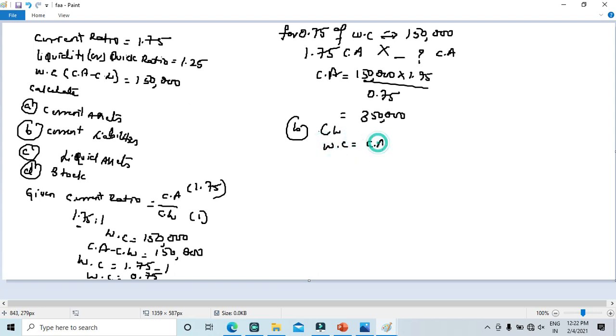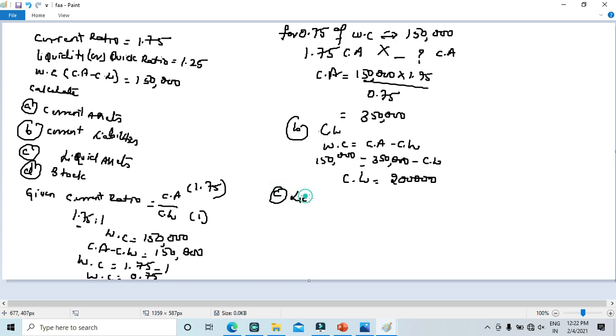We are familiar with quick assets. How much did we get? 2,50,000. Current assets are how much? 3,50,000. So minus stock, your stock will be 1 lakh rupees. Just substitution and getting the answer. This is how we are supposed to do it.